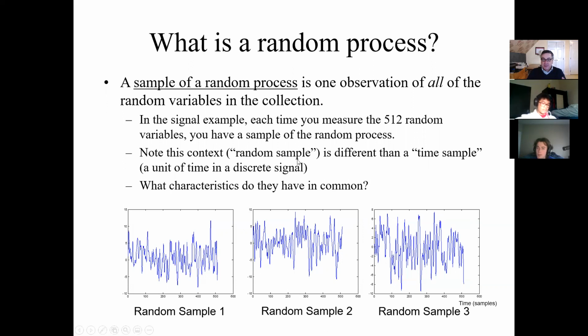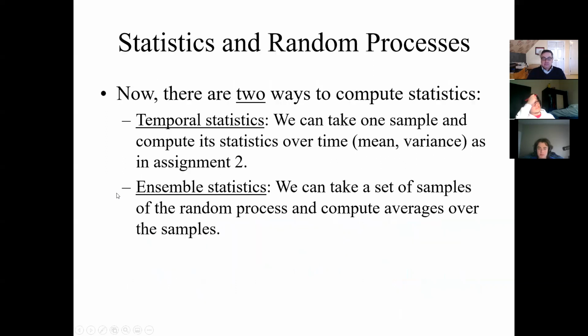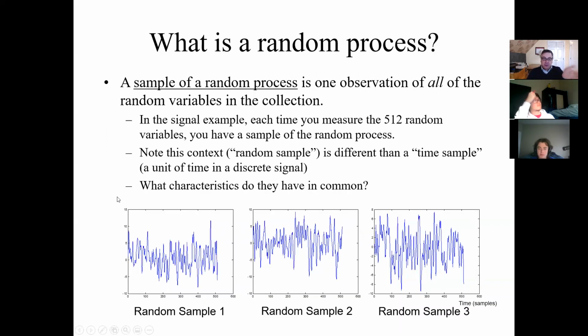A random sample, especially of a random process, is the measurement of the random thing one time. These all come from the same random process, but every time I measure them, you can see that they're different. And if we measured them 100 more times, we would get 100 more examples from this random process, random sample. So that's the extension of observing a random variable. Now we're observing a random process each time.